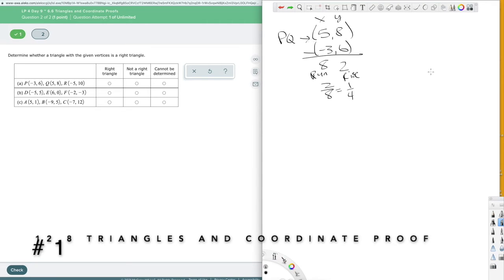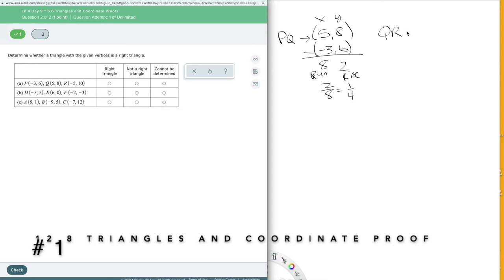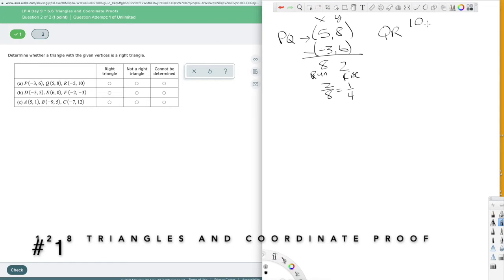This is the exact same thing as doing the slope formula, so I'll also show you the slope formula real quick. So we have QR, the next piece here. I'd have the change in y over the change in x, which means y2 minus y1, so 10 minus 8, over x2 minus x1, so I'd have -5 minus 5.